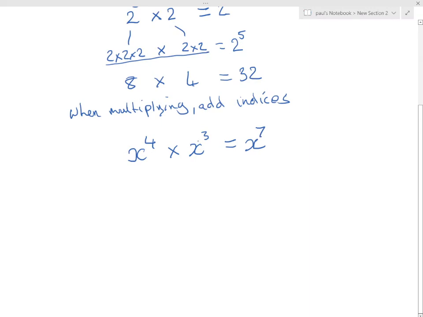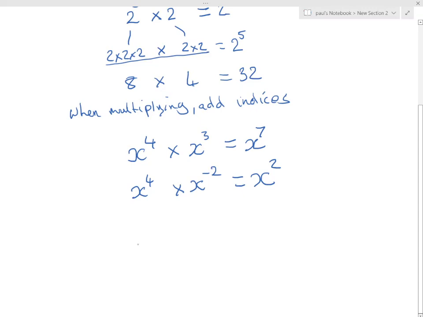Just add the two numbers together. Now, if we have a minus number, x to the 4 times x to the minus 2. Yeah, we're still adding them together. So 4 add minus 2 is the same as 4 take away 2, which equals 2. You're adding them together. That's it.